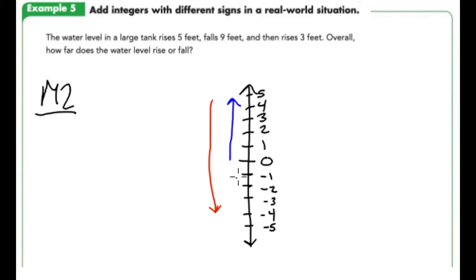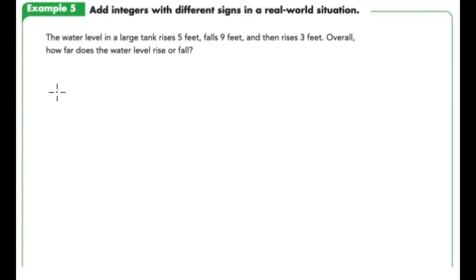So 1, 2, 3. And that will put us to a negative 1. What that negative 1 represents is a fall in the water level. If we ended in the positives, that would mean that the water level rose. So to answer this problem, we could say that overall, the water level falls 1 foot.